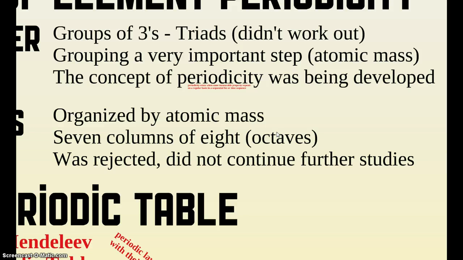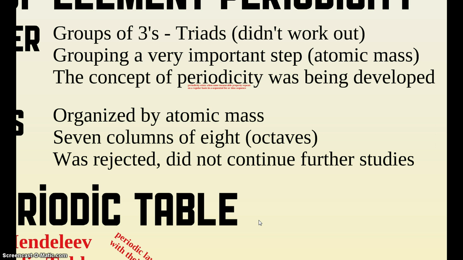If you're familiar with the musical scale, an octave is one set of notes from A, B, C, D, E, F, G, and then you start over with A. So an octave is something we use in music. People thought that was silly, and he actually stopped studying because he was despondent. He was upset by people rejecting his idea. He was both musical and scientific, and he was trying to make this connection.